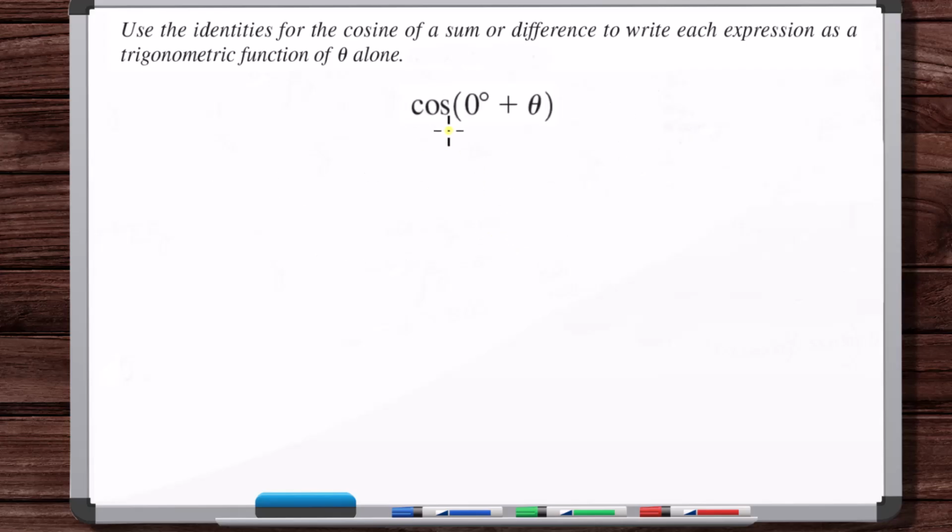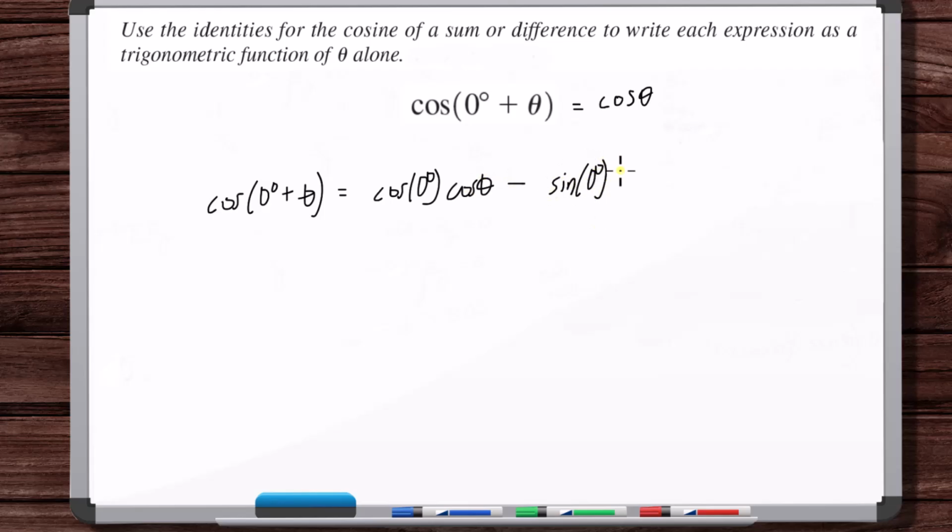Okay, cosine of 0 plus theta is obviously going to be cosine of theta, but we can write this out. We've got cosine of 0, cosine theta, and then minus sine of 0, sine of theta. This is 0, this is 1, so cosine theta.